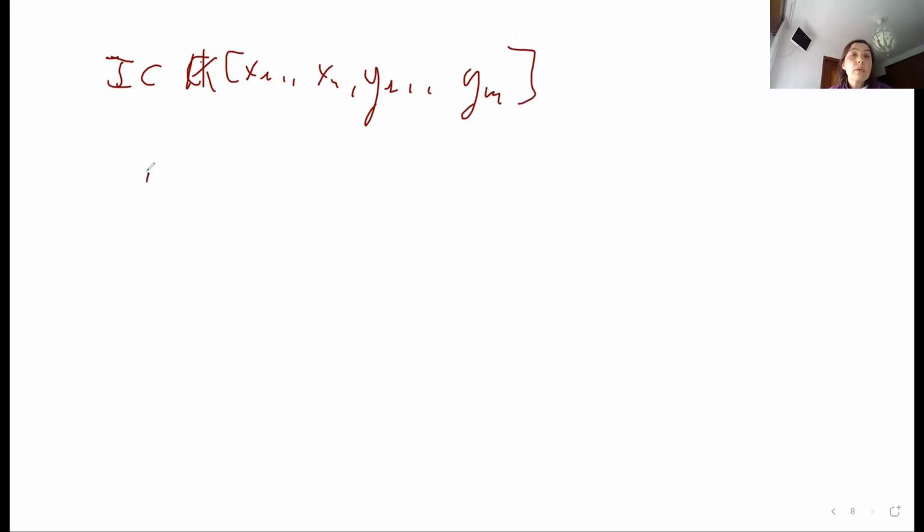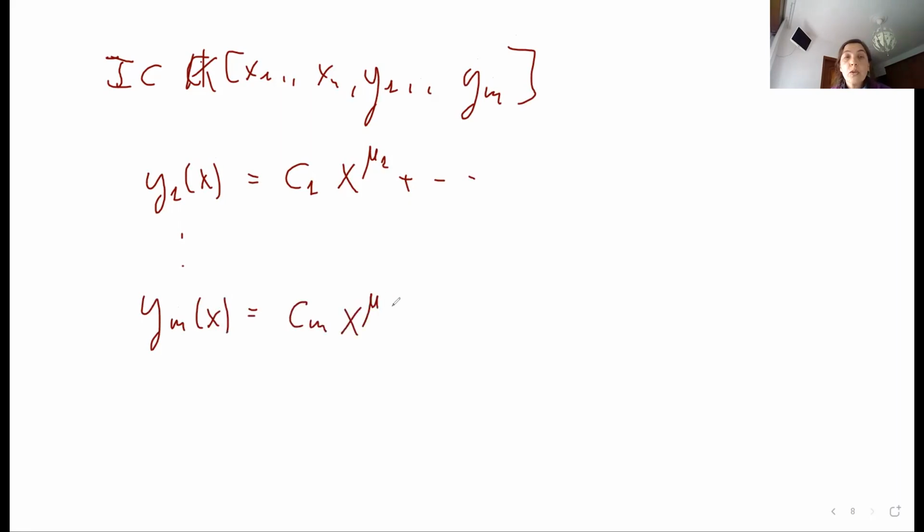And we are looking for y1(x) that is going to be c1 x to the mu1 plus higher order terms, ..., ym is going to be cm x to the mu_m plus higher order terms.